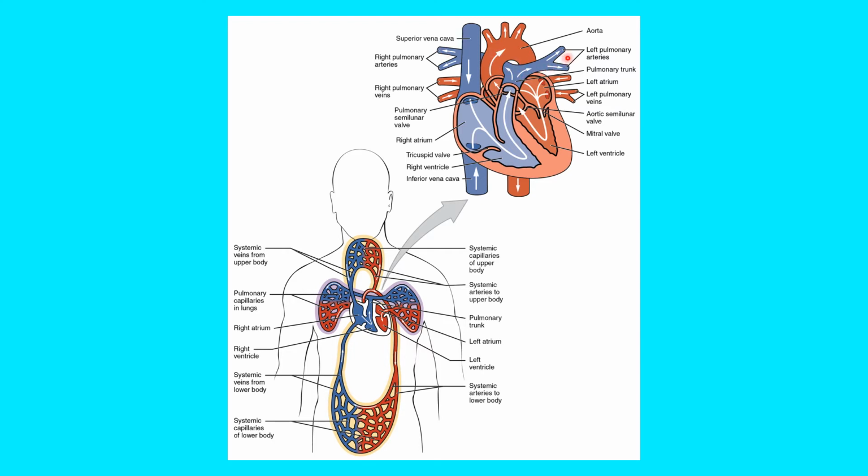These are the left pulmonary arteries. So it goes to the lungs, comes back from the lungs. Here are the left pulmonary veins. Over here are your right pulmonary veins. Those all flow into the left atrium, to the left ventricle. Out here's the aortic semilunar valve, up the aorta, and then it's going to go to the systemic circulation.